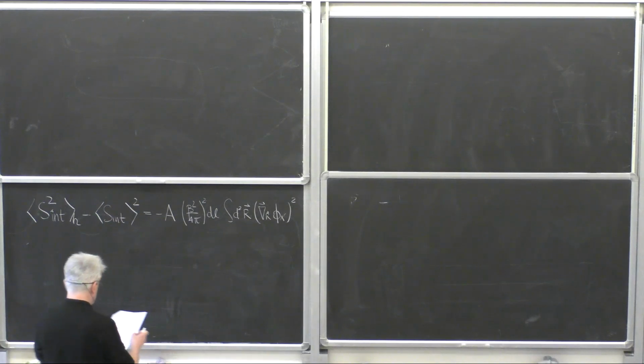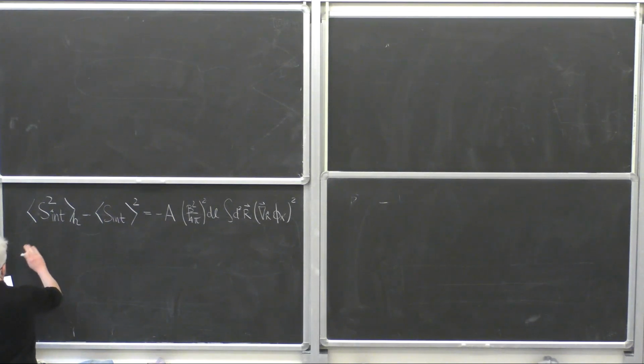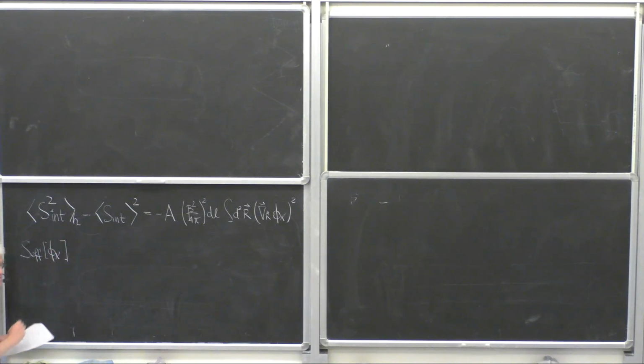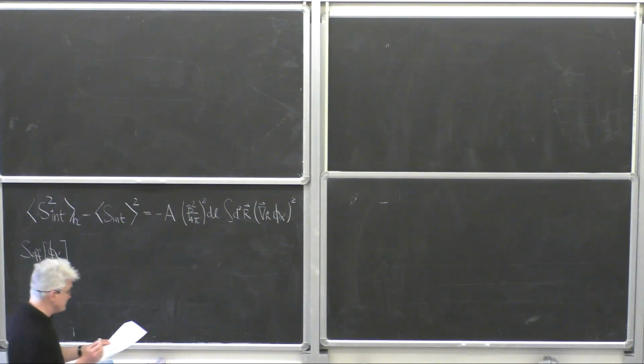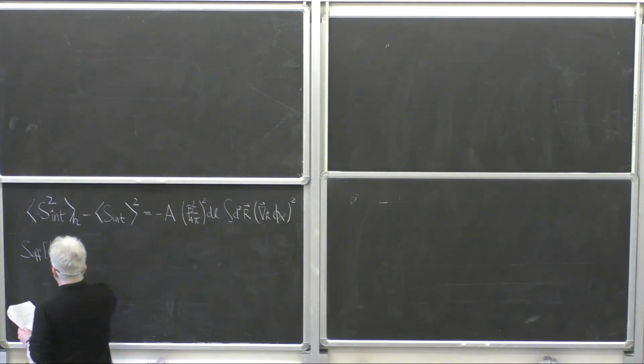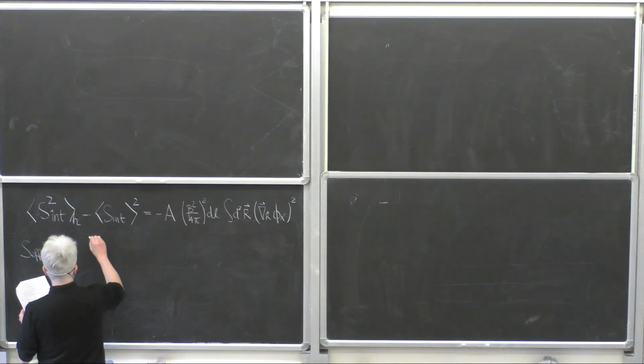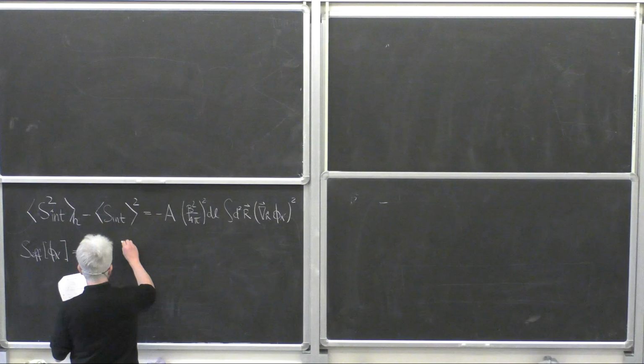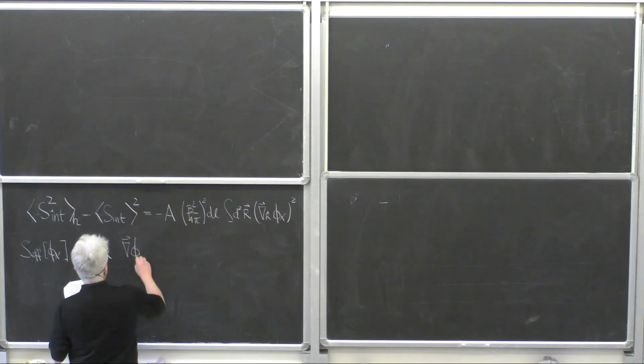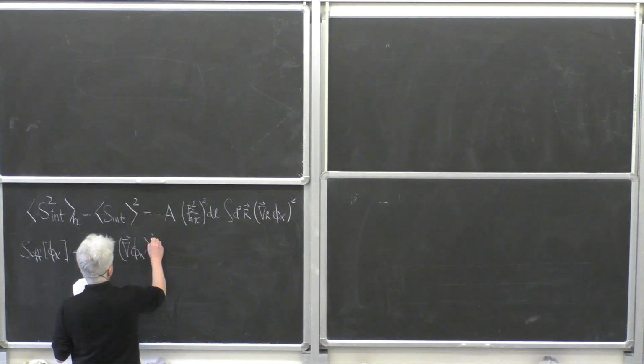Now the full effective action, before rescaling space and time again, looks like this. So we have the Gaussian part, d squared x grad phi lambda prime squared.